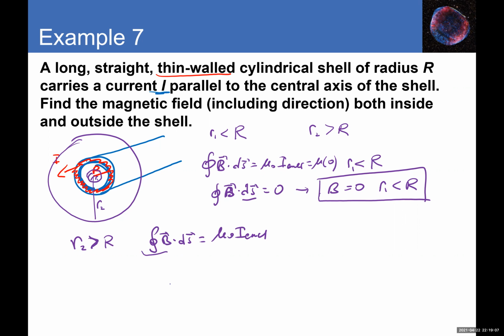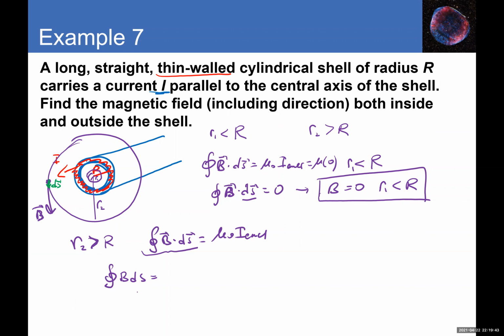So the left side, the closed integral of B dot ds, becomes B ds, because the magnetic field and the ds element are parallel to one another. For example, if I choose the magnetic field like this, then the path element ds will also be parallel to that. So the product becomes just B ds.